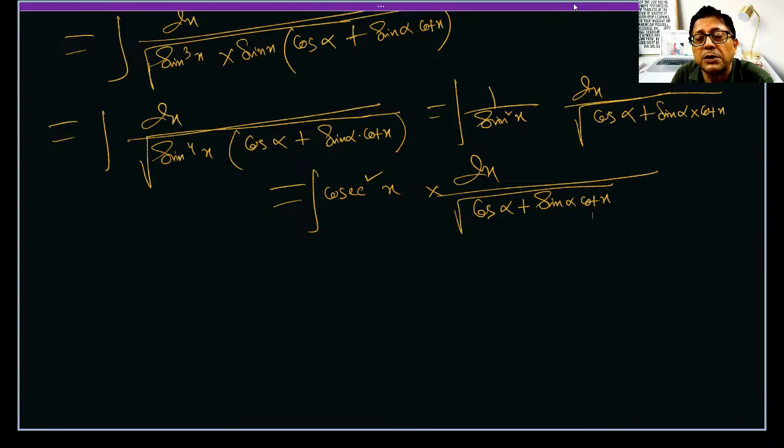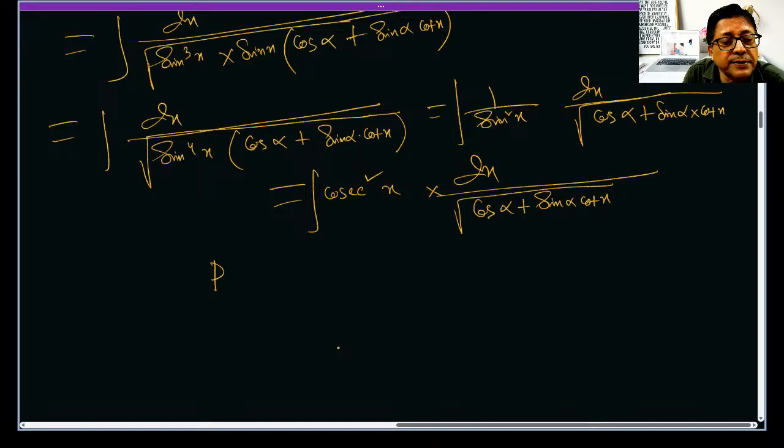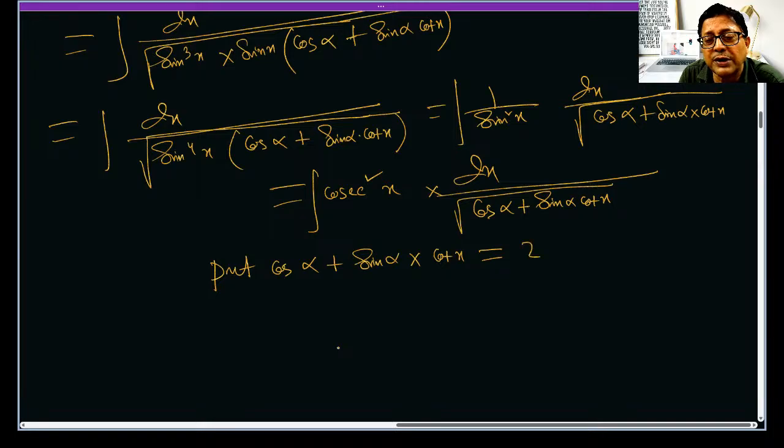You put this thing, cos alpha plus sin alpha into cot x equal to z square. This will be 0.